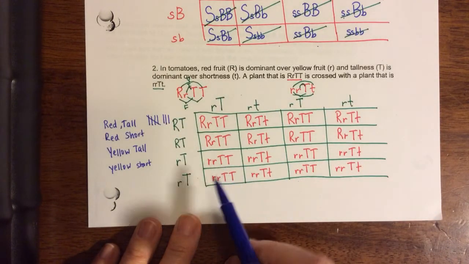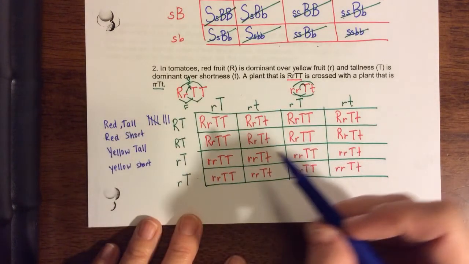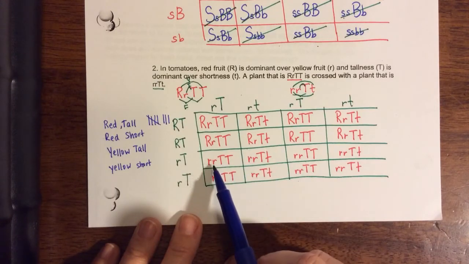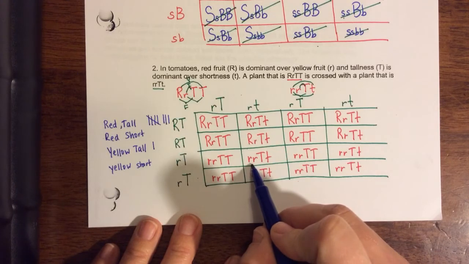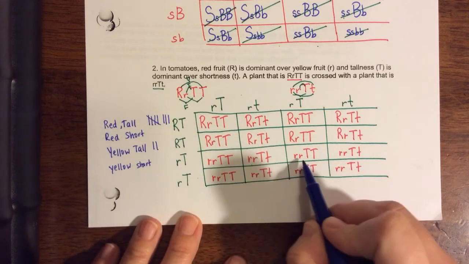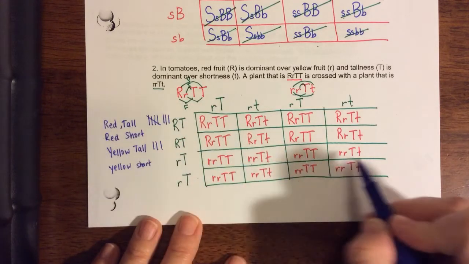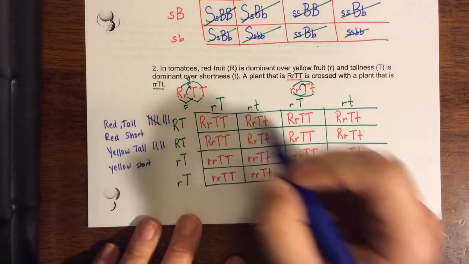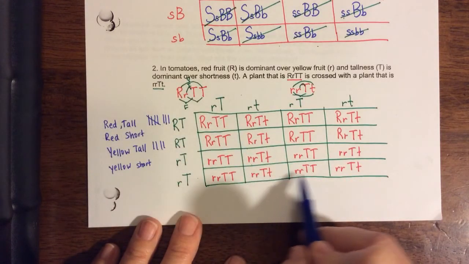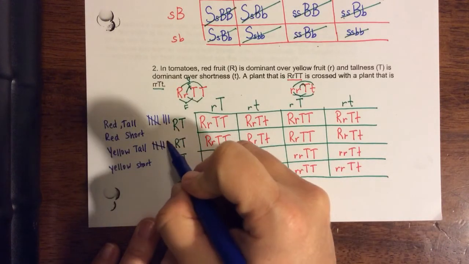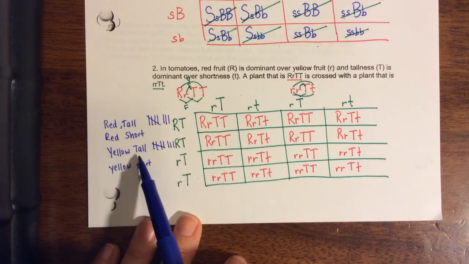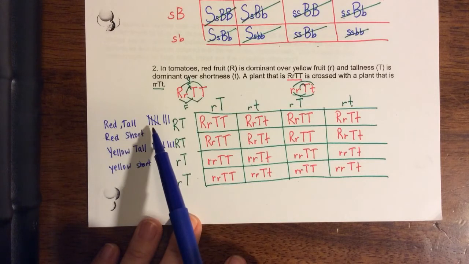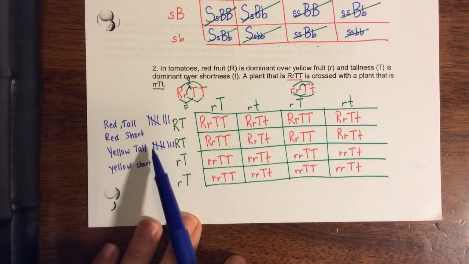Then this one is yellow and tall, also yellow and tall, yellow, tall, yellow, tall, and it looks like all these 4 are also yellow and tall. So 8 are red and tall and 8 are yellow and tall, or I would say that 50% of my offspring are red and tall and 50% are yellow and tall.